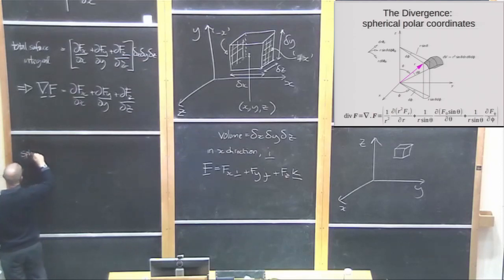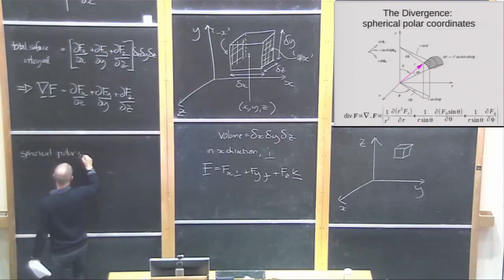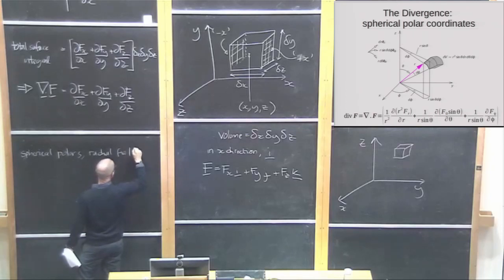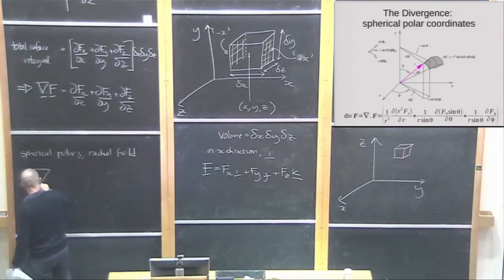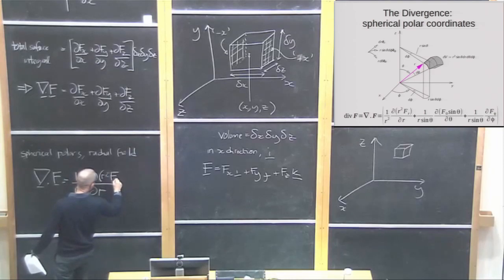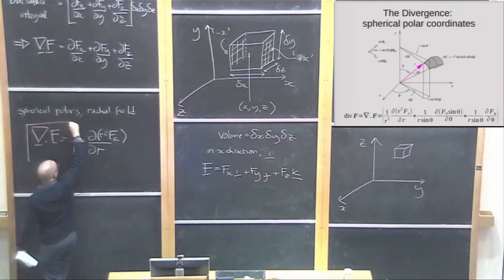So in spherical polars, for a radial field, the divergence of that field is given by 1 over r squared d by dr of r squared times the radial component of that vector D. So this is an important expression.